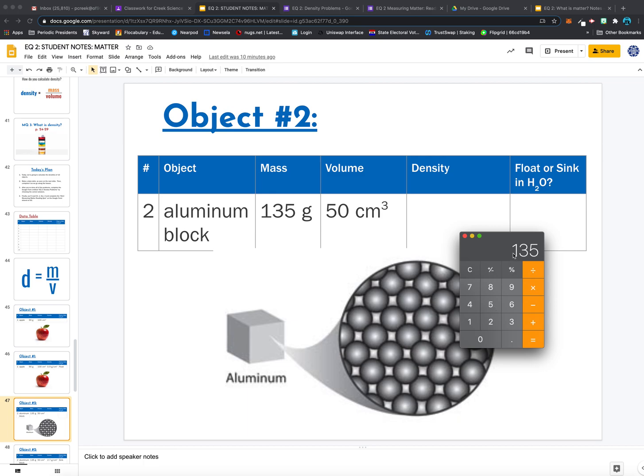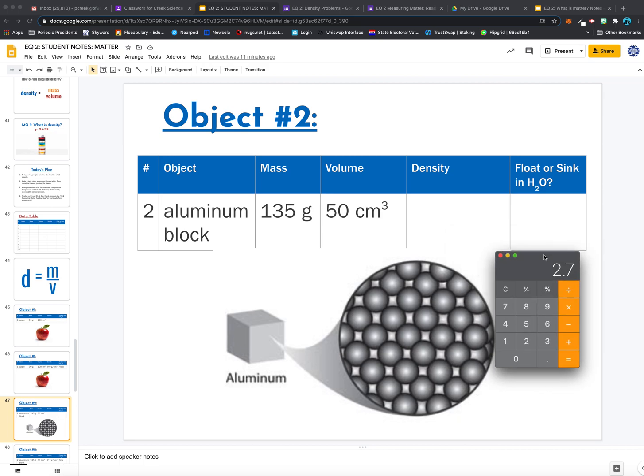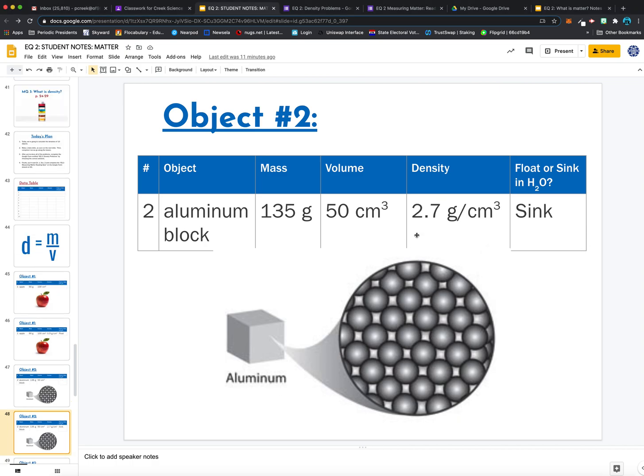So 135 divided by 50, and we get an answer of 2.7, so it's already rounded to the nearest tenth. We don't have to round it. So for our density, we get 2.7 grams per centimeter cubed. And since that number, 2.7, is more than 1, that aluminum block will sink. Okay? Good. Got it. Great.